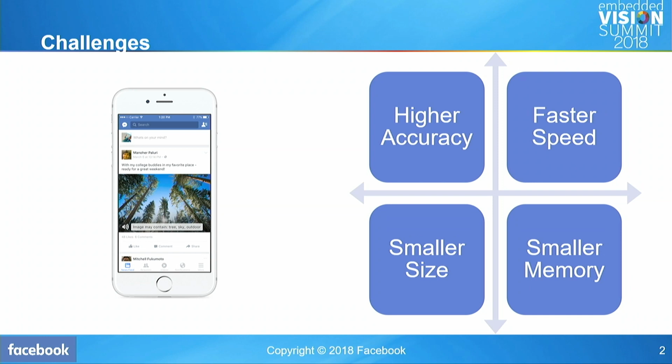You have to balance between these axes to make sure that the model you run on a phone or embedded device runs in real time, very efficiently, and that you can download the model from the cloud or store it on a mobile device, where it is small and compact and doesn't take up most of the space in the application.